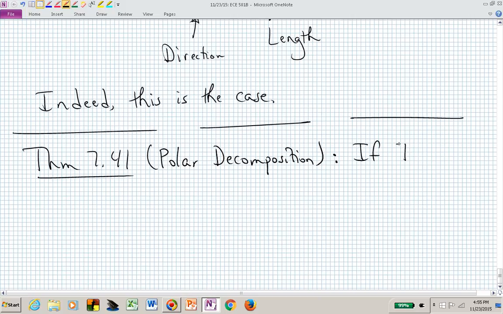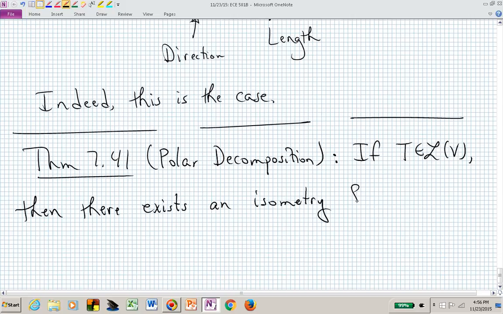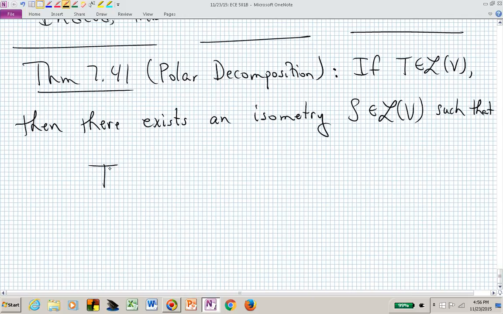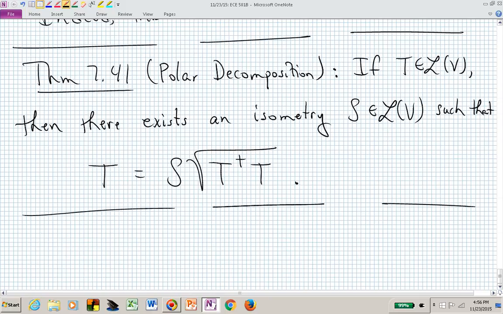Which says if T is a linear operator, and that's all we're restricting it to being, then there exists an isometry S, which is a linear operator on that same vector space, such that this original operator T is equal to this isometry S together with the positive square root of T dagger T. So let's break this theorem down into some of its pieces.